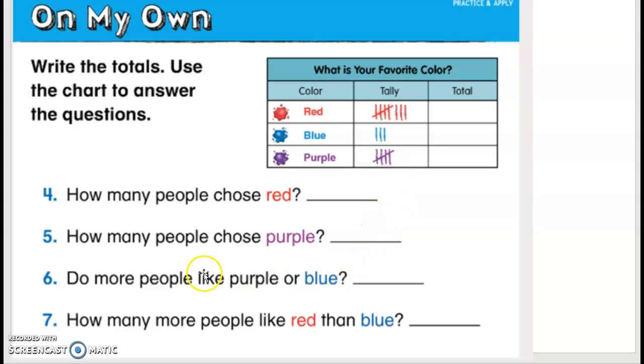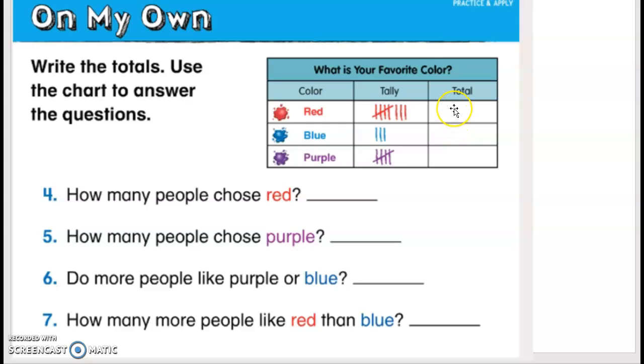It would be 5. Do more people like blue or purple? Let's compare these two. Do more people like blue or purple? Purple. And how many more people like red than blue? How do we figure that out?